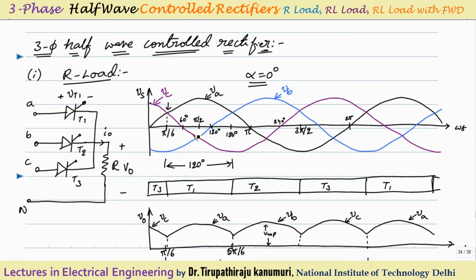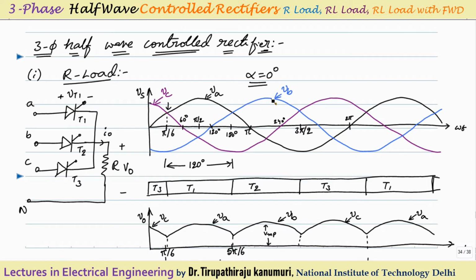After 150 degrees, you can see VA is less than VB, as VB is more than the remaining two voltages. So thyristor T2 will be forward biased, and for the voltage across thyristor T1, this side VA is connected, and this side, because B is conducting now, it is VB. So the voltage across thyristor 1 will be equal to VA minus VB.